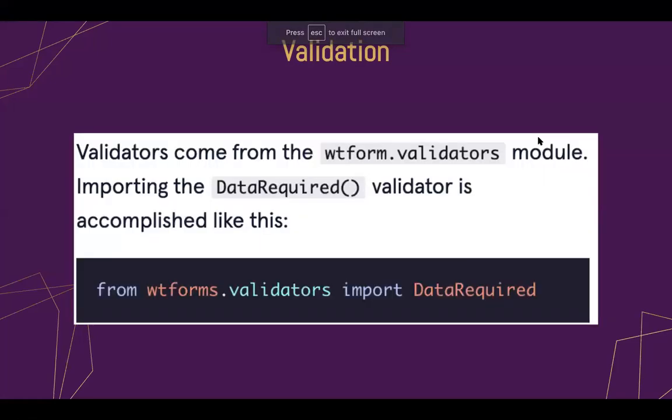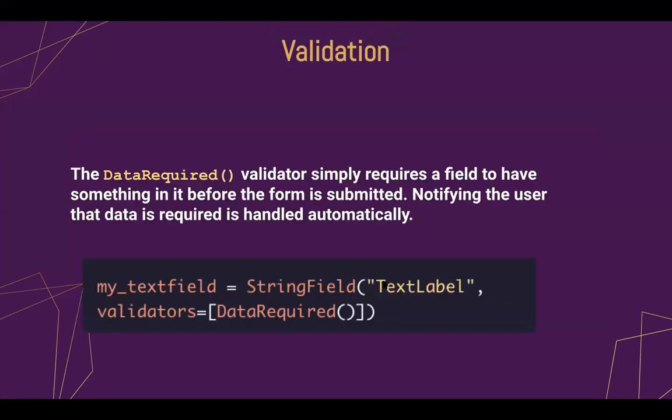So there's a thing called validators, and you can import it from WTForms. And basically, you can add data required in the class that you're trying to instantiate from. So it will look like this. We did this before for my text field.